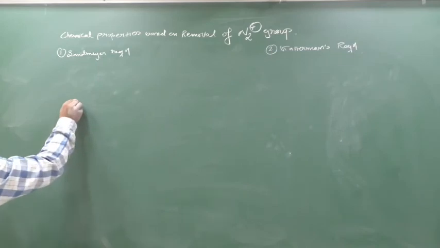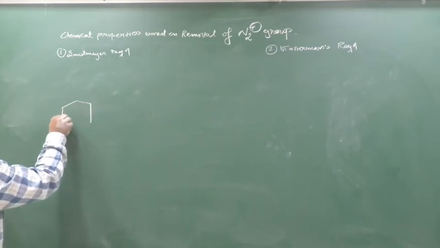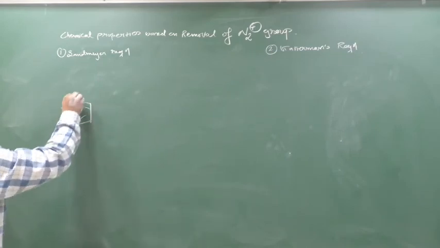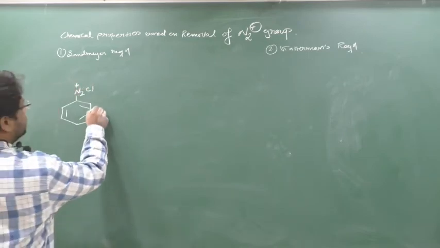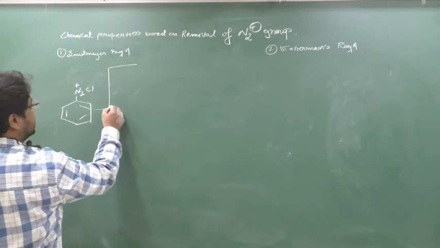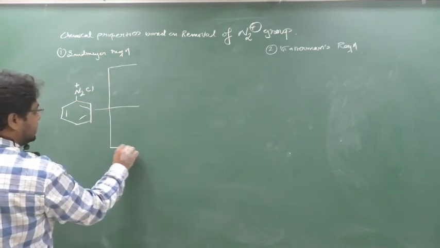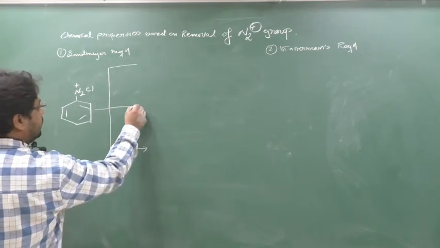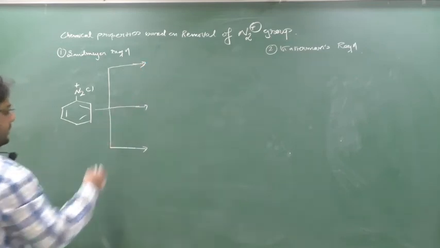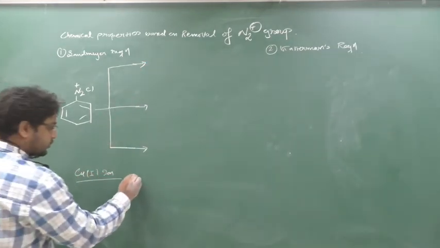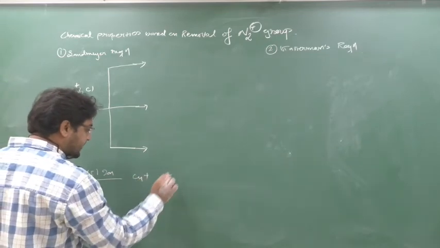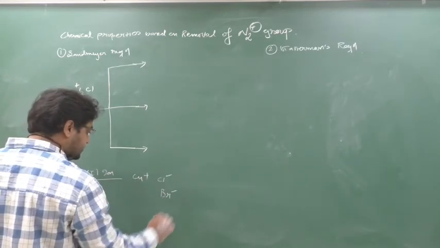In the Sandmeyer reaction, you take diazonium chloride, clear, and you do the reaction with copper 1 ion. Do the reaction with what, beta? Copper 1 ion, Cu1 ion. So copper 1 ion means what? You take Cu plus, you take Cl minus, then you take Br minus. Yes or no?